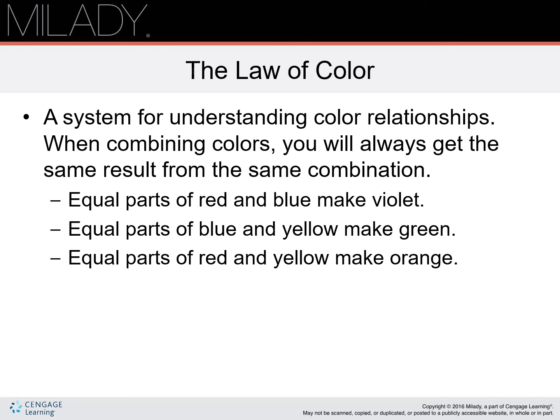But with the law of color, what it says is every single time you combine these colors, you're going to get the same result. Okay, again, this is equal parts. Every time you mix equal parts of red and blue, that is going to create violet, always. Every time you mix equal parts of blue and yellow, that is always going to create green.